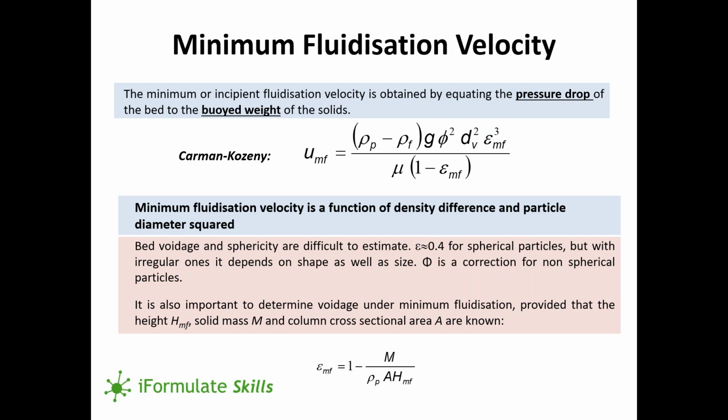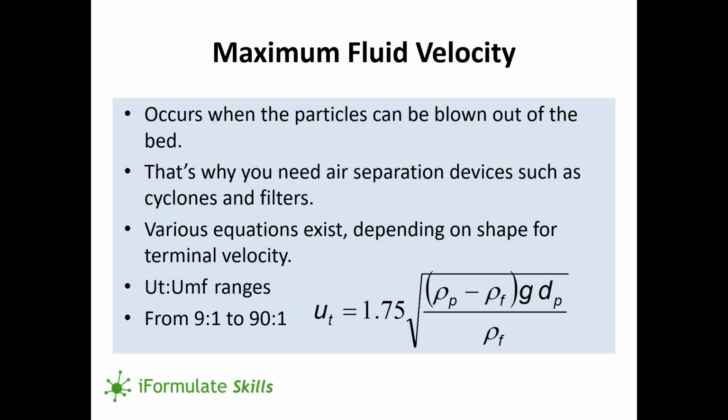But the thing I want you to grasp really is the minimum fluidization velocity is critically dependent on the density of the particle and the size of the particle squared. That's the critical aspect. The consequences of that are shown in the next slide.